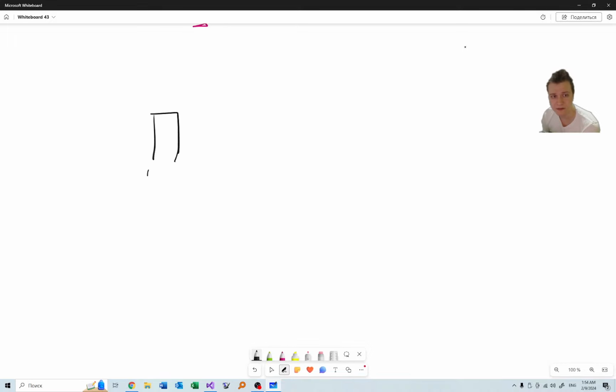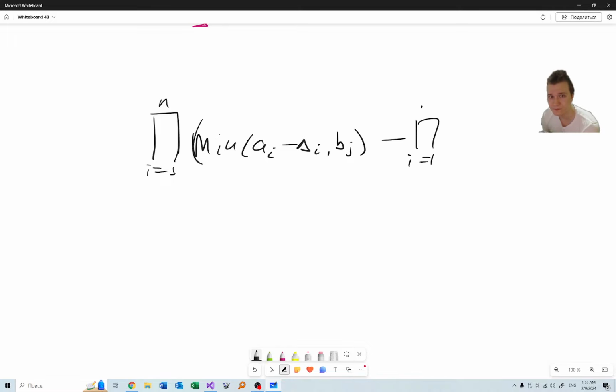So again, we have i equals 1 to n, product of minimum of ai minus delta I and bj, minus the product of minimum of ai minus delta I and bj minus 1.